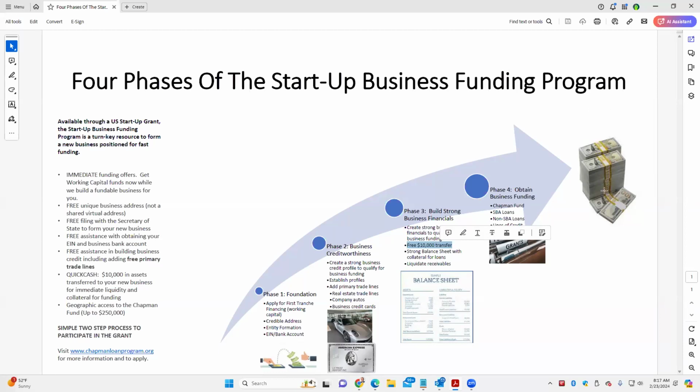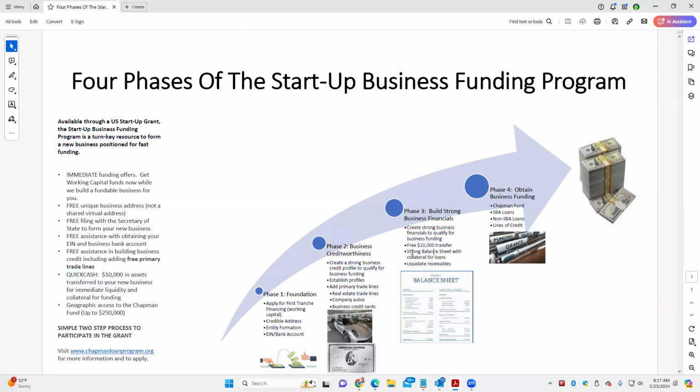Sure, we're going to create a fundable business so we can go get lots and lots of business funding. Sure, that's where we're going. But every step of the way, you're seeing tangible benefits, right? First tranche funding offers here for them to select from, trade lines here, and then they're getting the 10,000 transfer. Of course, that's the same as what was referenced over here, the quick cash.